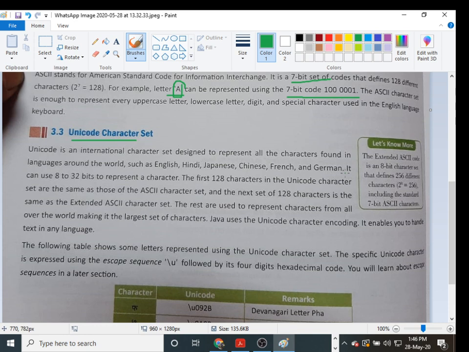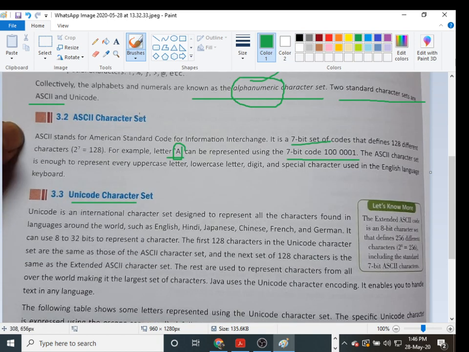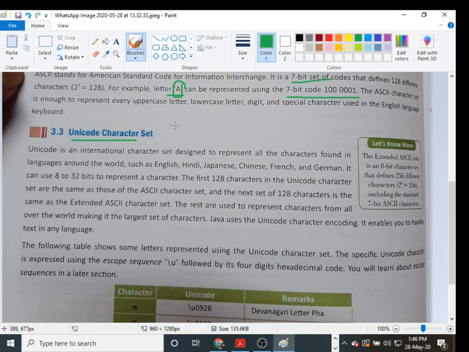It has the capacity to represent the characters of many languages, whereas ASCII can only represent the characters of the English language, that is capital A to capital Z, 0 to 9, and special characters. But the Unicode character set also includes other languages like Hindi, Japanese, Chinese, French, German, and so on.